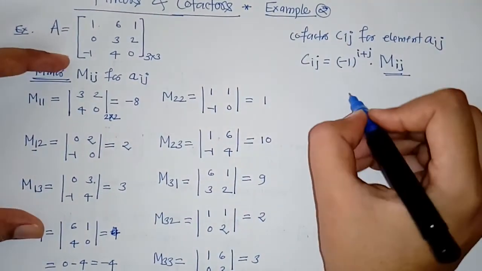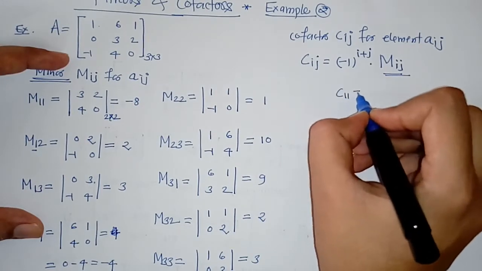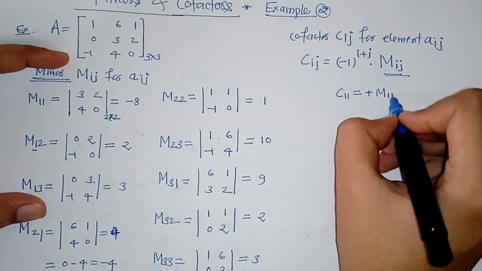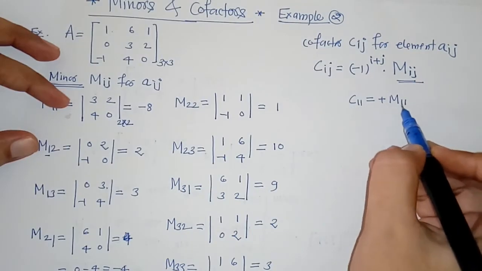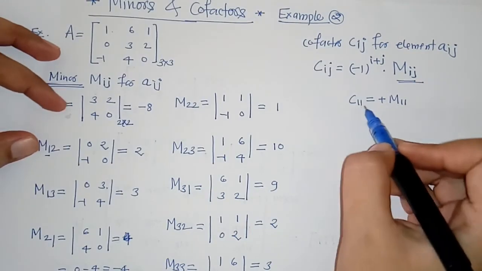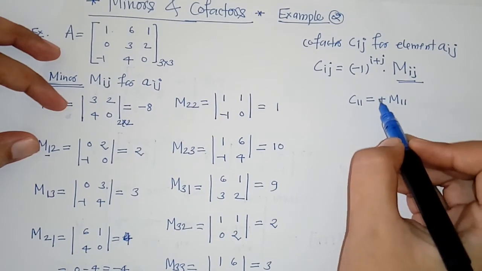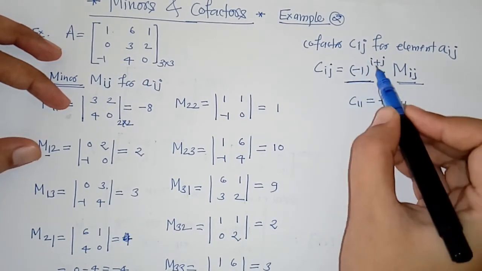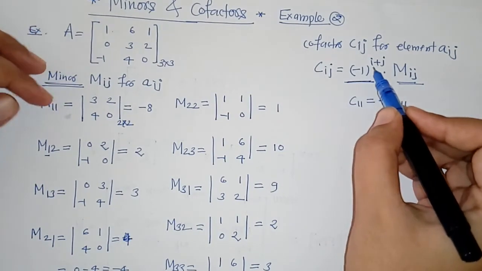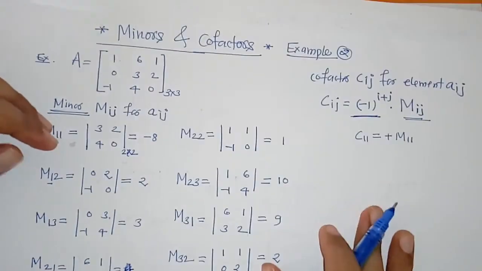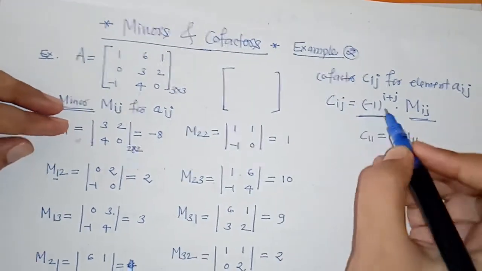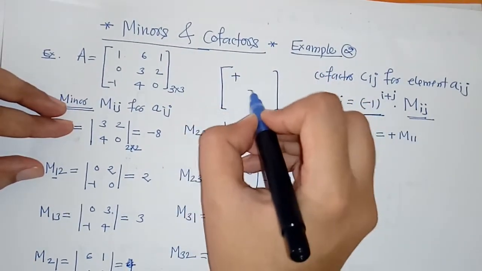Okay, so what did we get here? C11 is equal to plus of that minor. Next, we know that these cofactors and minors are related by this plus/minus sign, and the plus/minus sign is due to this minus 1 raised to i plus j. For our simplification, we have written down all these plus/minus signs in one matrix.